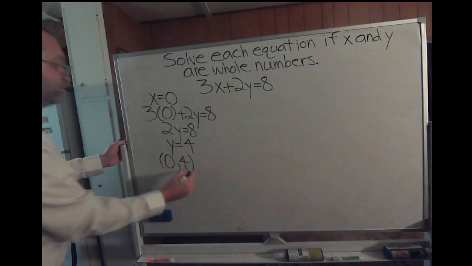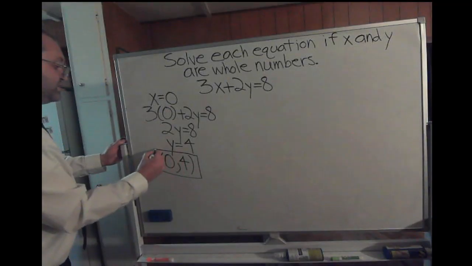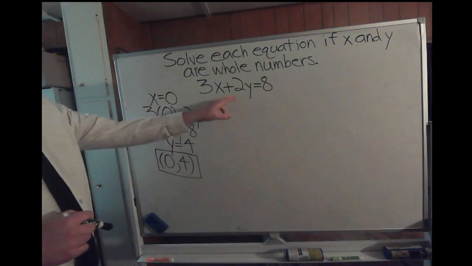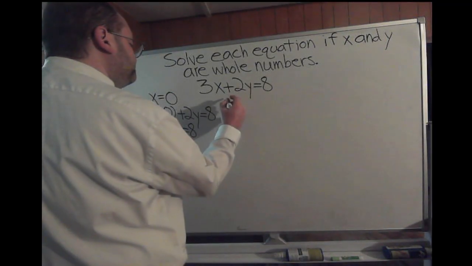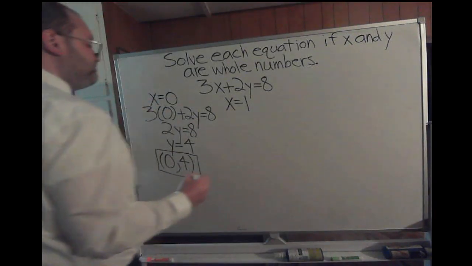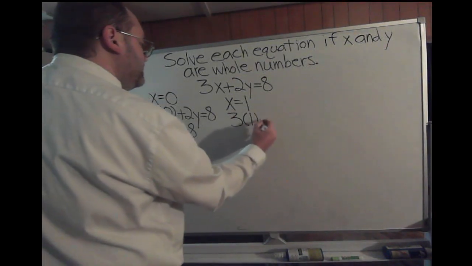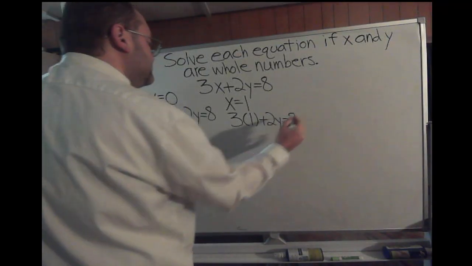And this is a viable solution because these are both in the set of whole numbers. So 0, 4 is an ordered pair that'll actually work to solve this equation. How about x equals 1? What if x equaled 1? So take 3 times your x value of 1 plus 2y, set that equal to 8, okay?